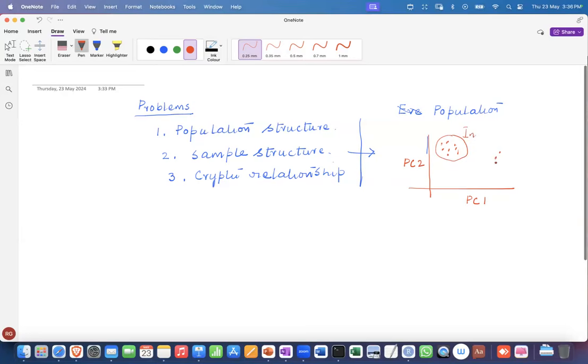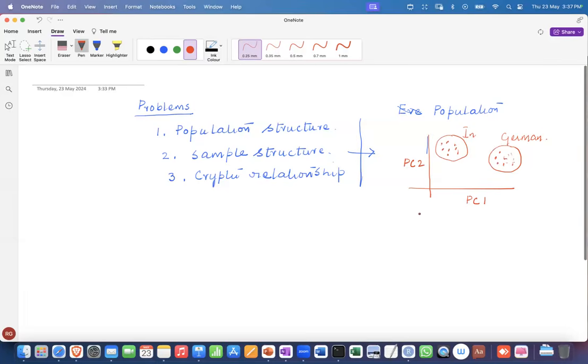And let us say you have another group of individuals here as Germans. And the trait that you are considering is height. See, already the populations are separate. Means there are certain factors, even without considering your genetic factors, telling you that they are different. Is that clear? So you need to correct for those factors.